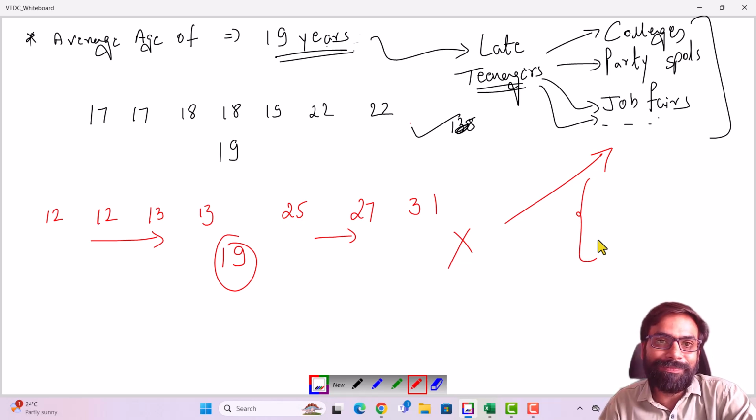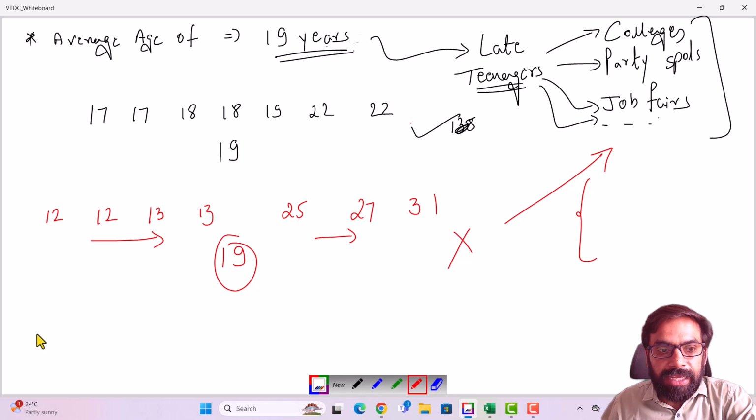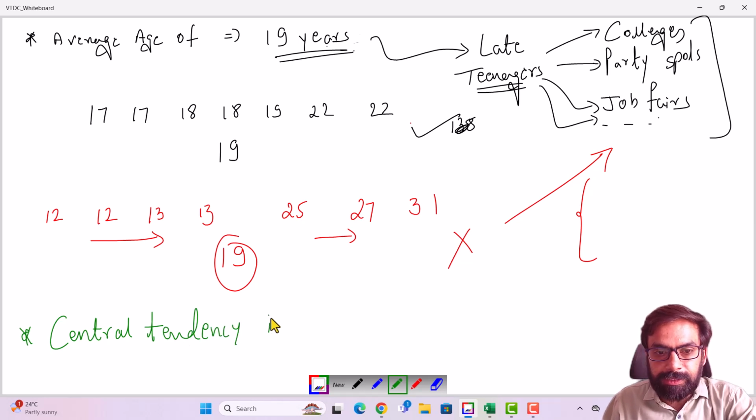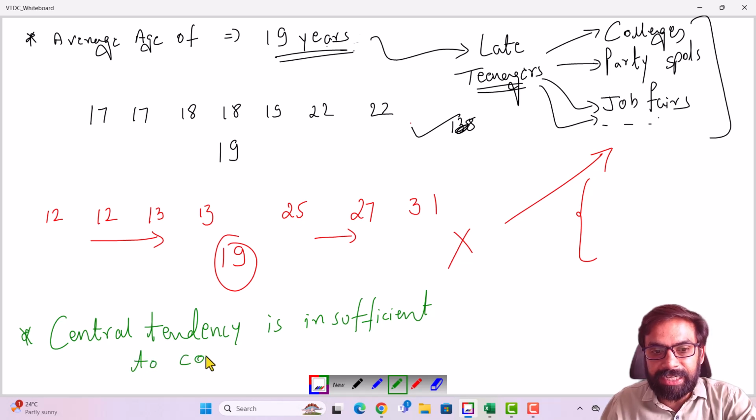And that's the point. So, conclusively, I can say that central tendency is insufficient to completely understand data.